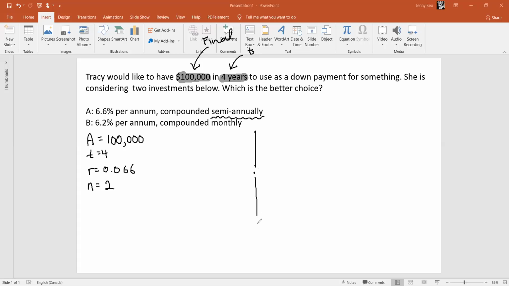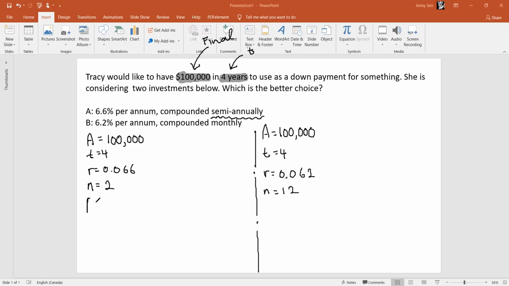Can we hash out what that means even? It's one thing to know what numbers to plug in, but what are they asking for? What does it mean to be a better choice? Think about this. I'm trying to collect $100,000 at the end, and I'm trying to grow it.